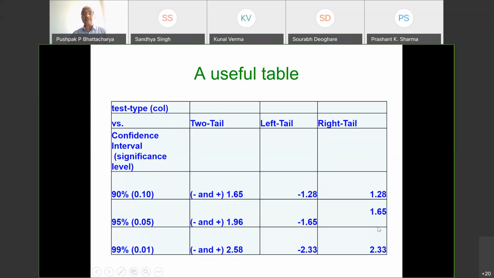So it is no coincidence that 1.65 here is identical to 1.65 under the two-tail test when the confidence interval is 90%. For a 90% confidence interval, you have to cover 5% and 5% on two sides of the zero mean axis. So 5% area is covered by a z value of 1.65 going up to plus infinity, and therefore when I have to cover 5% area by the right tail or left tail test, naturally I have to cover 5% area either on the positive side completely or negative side completely.